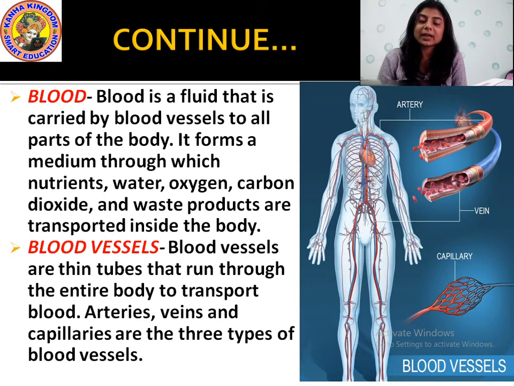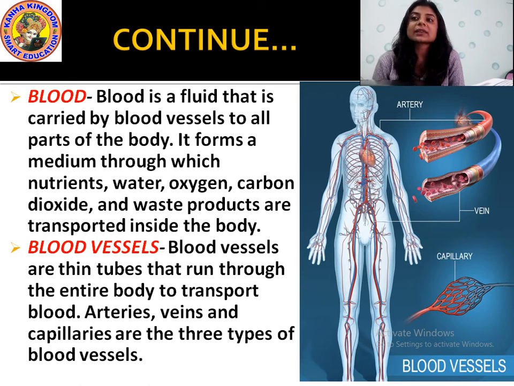All the waste products are transported by this blood. Okay, so what is blood? Blood is a fluid that is carried by blood vessels to all parts of the body. It forms a medium through which the nutrients, water, carbon dioxide, waste products, everything is transported inside the body.